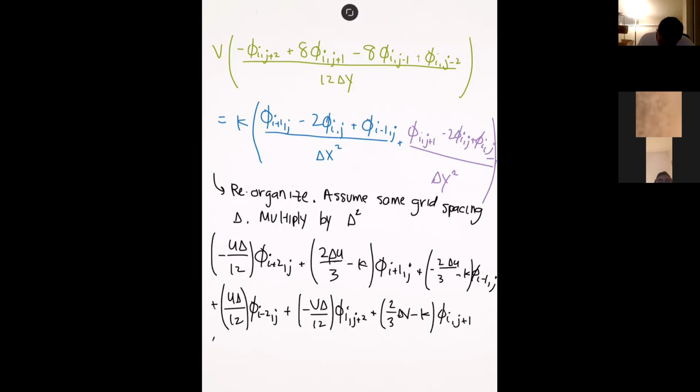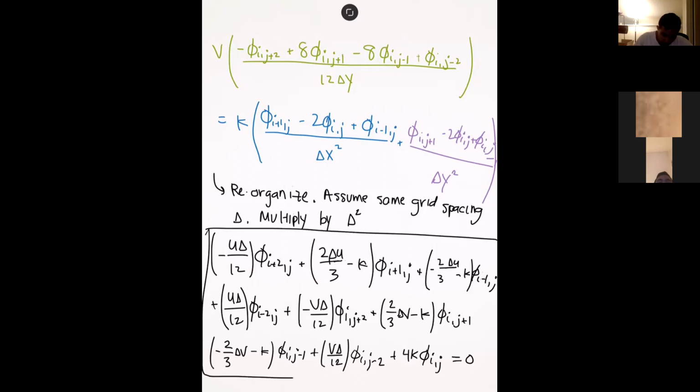Then we have minus 2/3 delta v minus k, phi i, j minus 1, okay? Plus v delta divided by 12, phi i, j minus 2, okay? Plus 4k phi i comma j, okay? And all this is equal to 0.